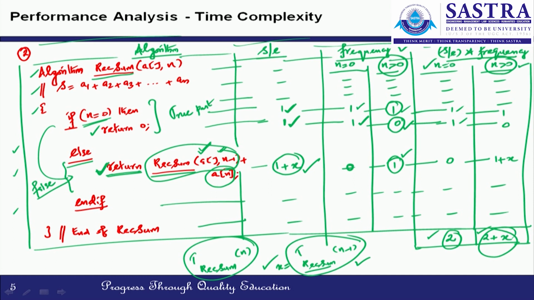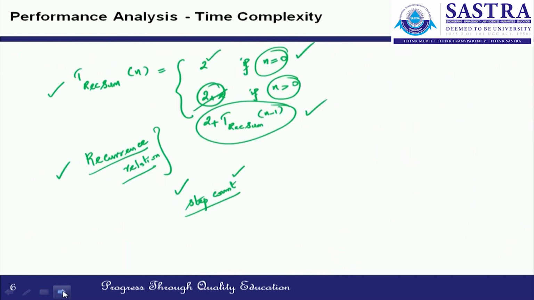Then split the required number of columns equivalent to the frequency in the last column, step-wise execution into frequency, so that we can find the termination condition count and the recursive condition count separately.